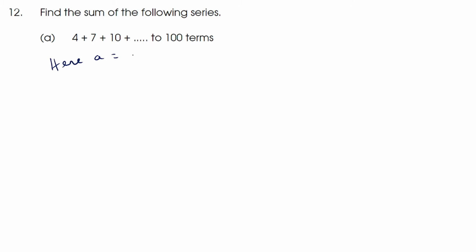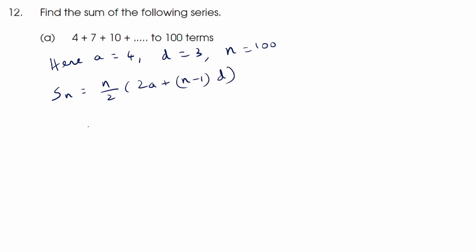So here a is equal to 4, d is equal to 3 and n is equal to 100. So using the formula Sn is equal to n by 2 into (2a plus (n minus 1) into d), we can find this is equal to 100 by 2 into (4 plus (100 minus 1) into 3).